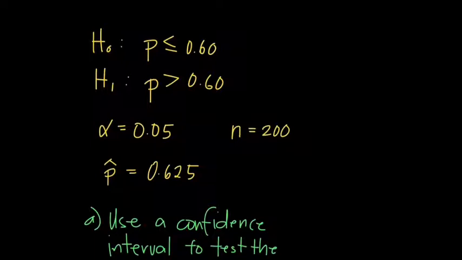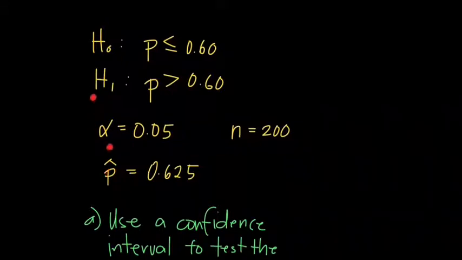So the alternative hypothesis is the opposite, which is the proportion to be greater than 0.60. Suppose that in that study, the level of significance that we need to use in testing this hypothesis is 0.05, and when we gathered the data, we found the sample proportion to be 0.625 from the sample size of 200, meaning we asked 200 respondents for this study.